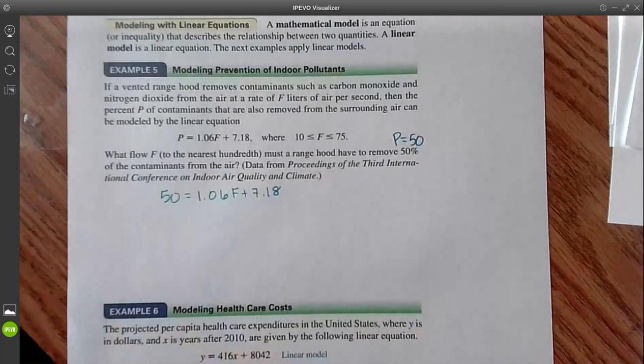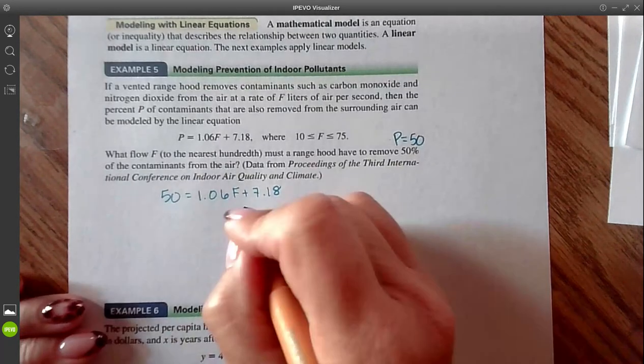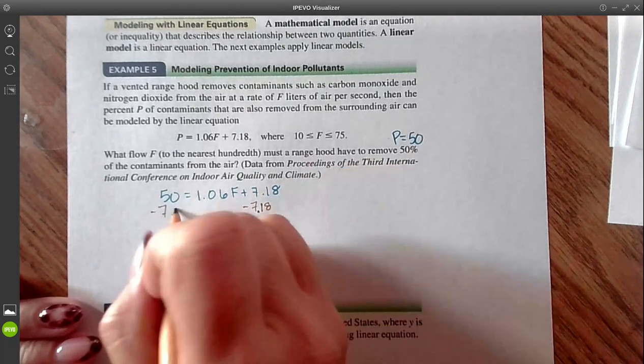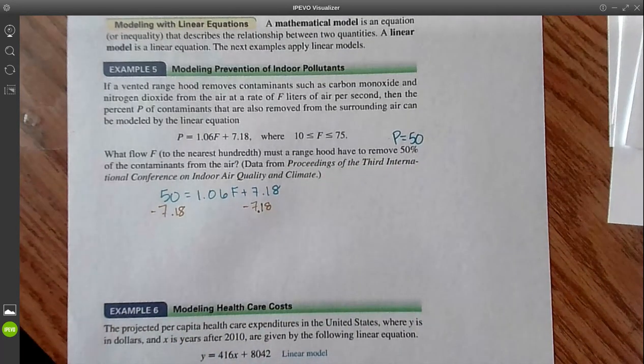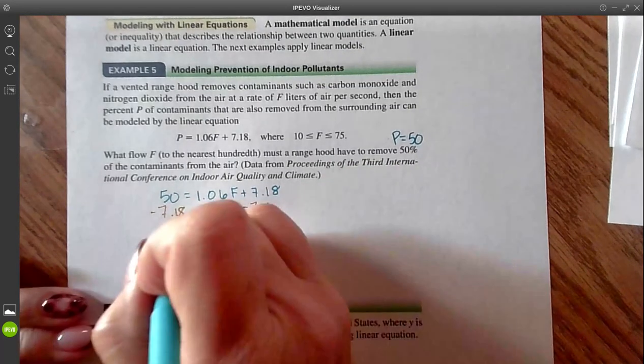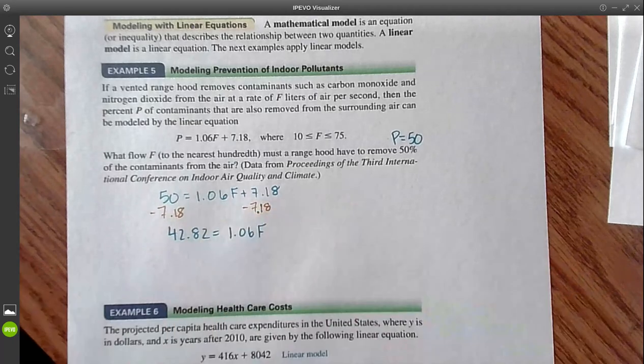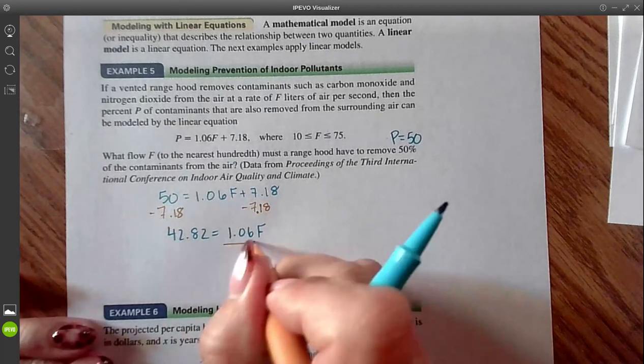That's really all we have to do: replace the letter P with the number 50 and solve this equation. So we get 42.82 equals 1.06F. Divide both sides by 1.06.